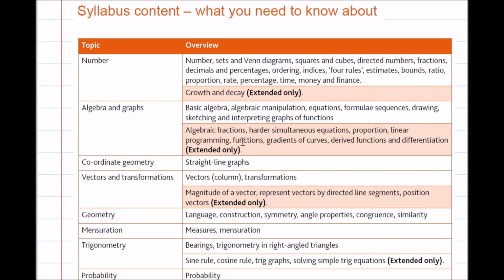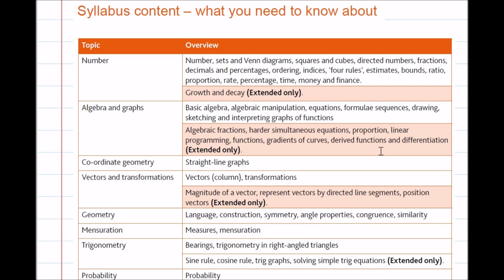Some topics are highlighted here. Those are only for extended students, those who are opting for extended maths, like algebraic fractions, harder simultaneous equations, proportion, linear programming, functions, gradient of curves, derived functions, and differentiation.